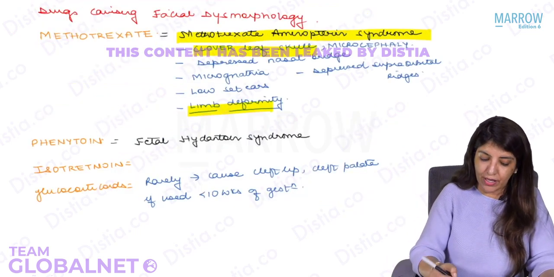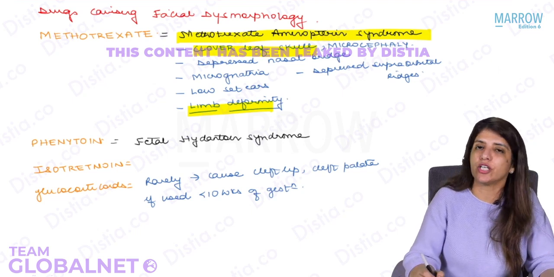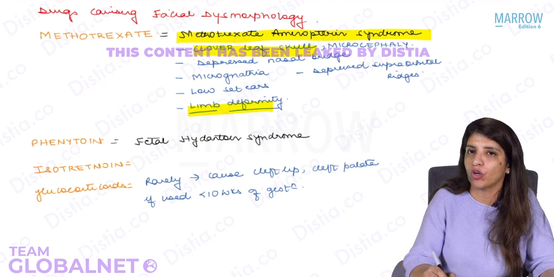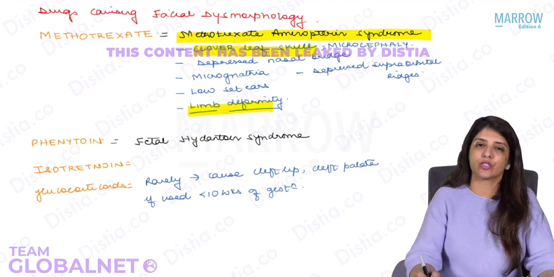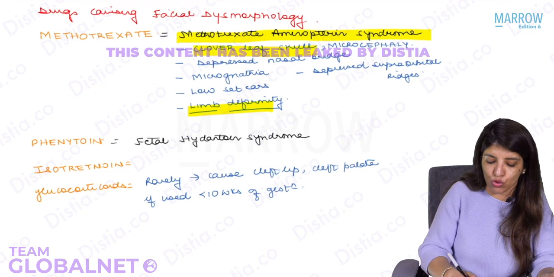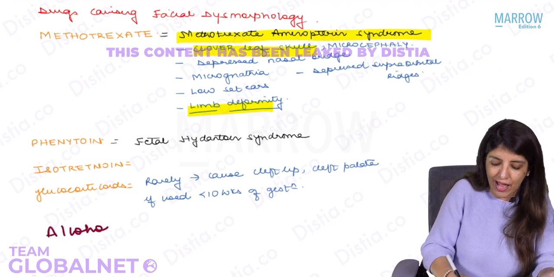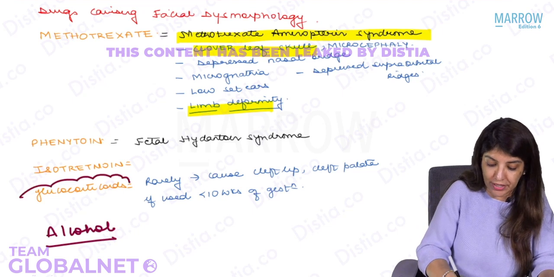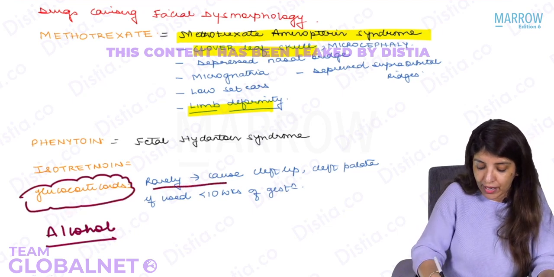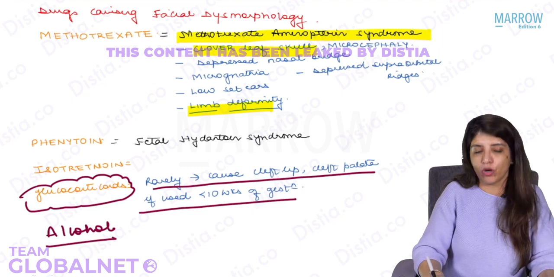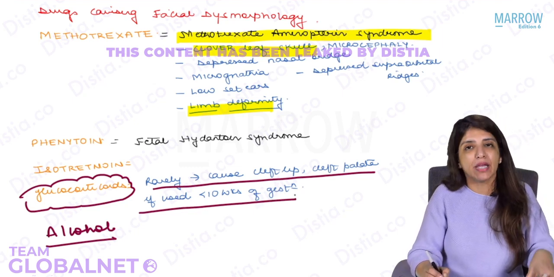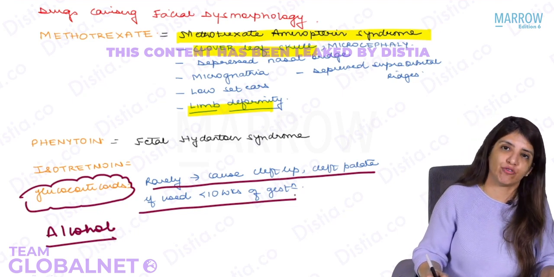Then phenytoin, facial dysmorphology. Now, drugs which lead to facial dysmorphology, just now I told you methotrexate leads to facial dysmorphology, phenytoin leads to facial dysmorphology, isotretinoin leads to facial dysmorphology, alcohol leads to facial dysmorphology, and glucocorticoids. Please remember, rarely if you are using glucocorticoids at less than 10 weeks of gestation, it may lead to cleft lip and cleft palate.